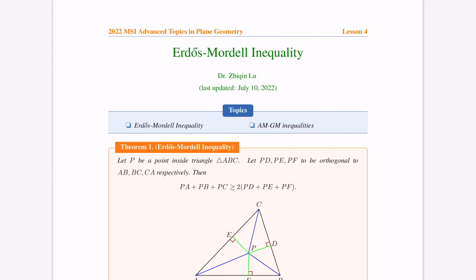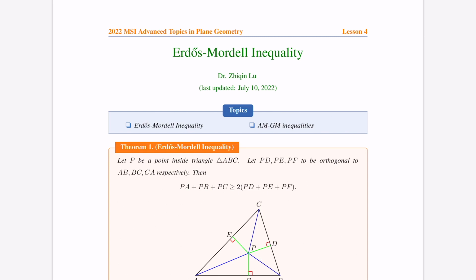So today we are going to talk about the Erdos-Mordell inequality. This is a very classical and important inequality. The reason I picked this topic is, number one, this is a famous inequality and a famous property in Euclidean geometry. Number two, this theorem is a typical example of how people can use algebraic methods in Euclidean geometry.